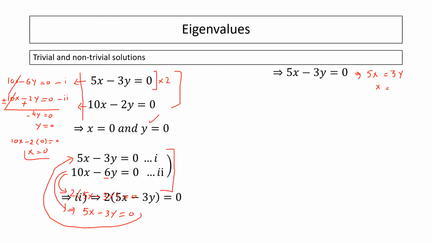If I take 3 by 5y, and if I plug in y equals t, so this is the x value and y we supposed t.